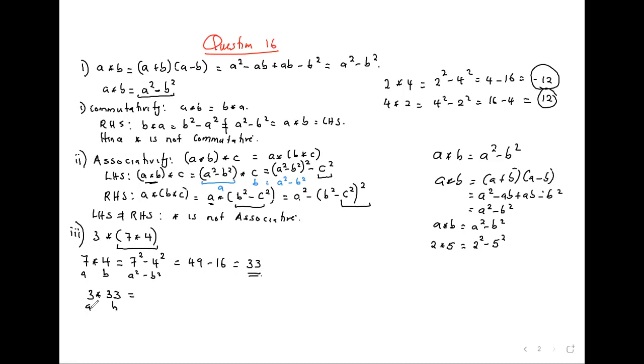So this is our A, this is our B. So you have 3 squared minus 33 squared, which is 9 minus, what is 33 by 33? 1089, if my math is correct.